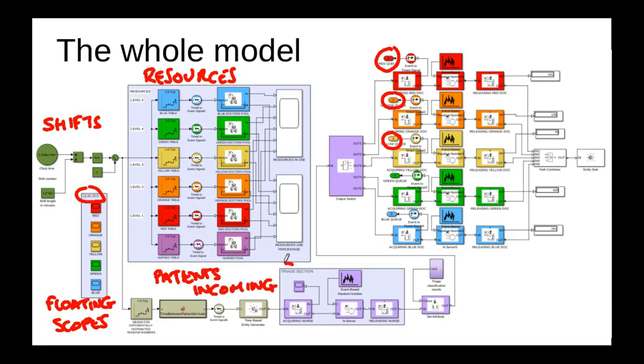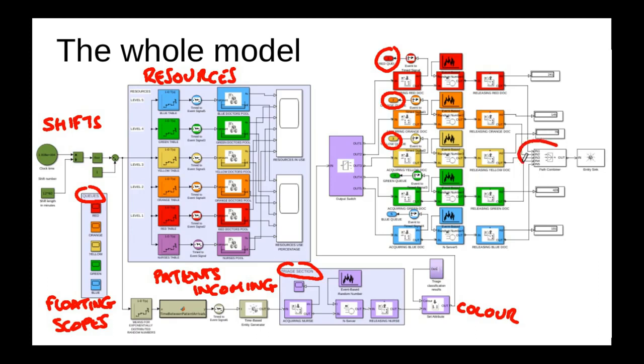Here I have the triage section, and here I set the attribute color. And depending on the color, on the severity of the illness, 1, 2, 3, 4, 5, here we have the red doctor care, the orange doctor care, the yellow one, the green, and the blue.